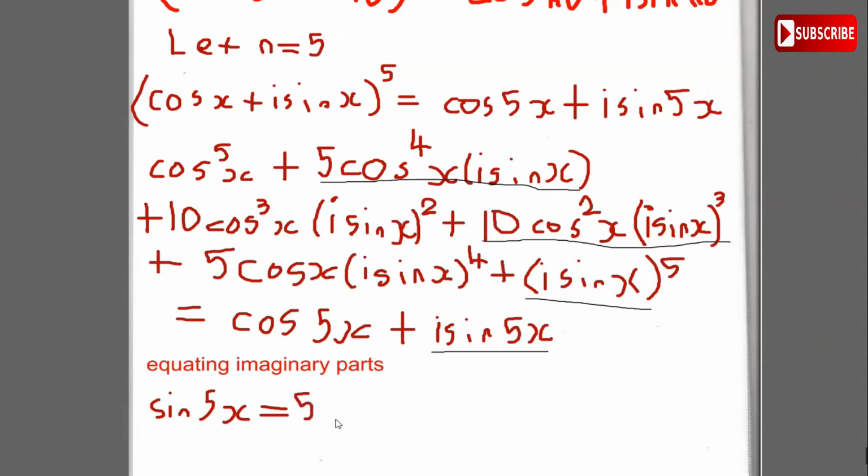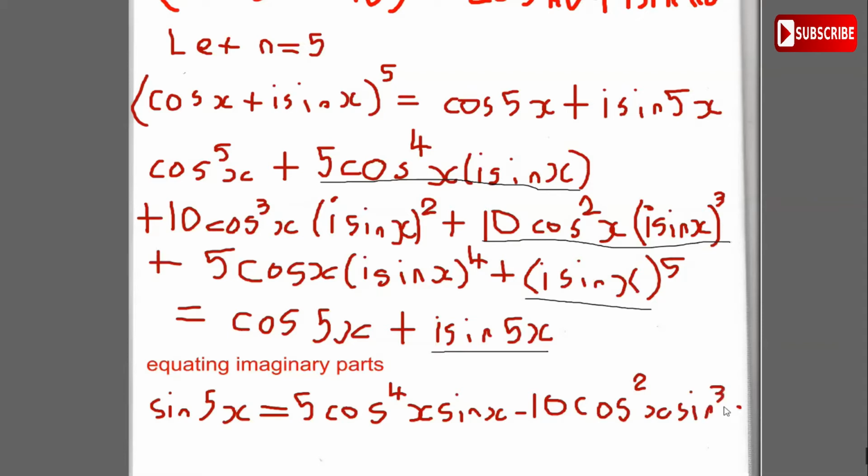So now sine 5x is equal to 5 cosine to the 4 of x times sine x, plus, no, this part where i cubed is minus i. So this is going to become minus 10 times cos squared x times sine cubed x. Nice and easy so far.